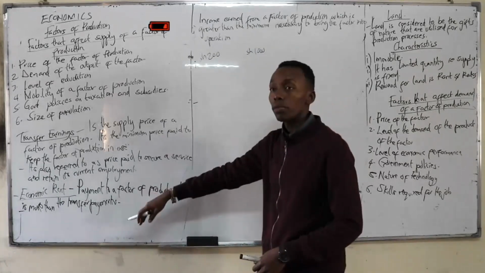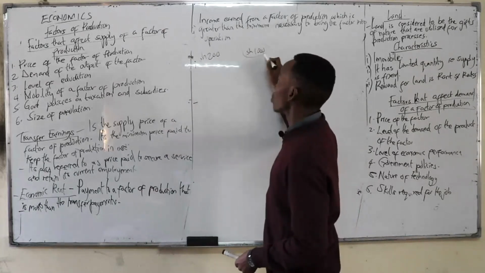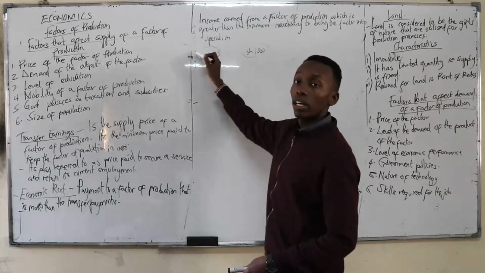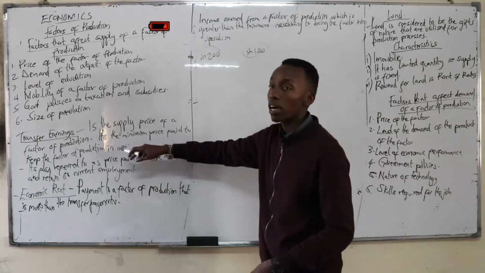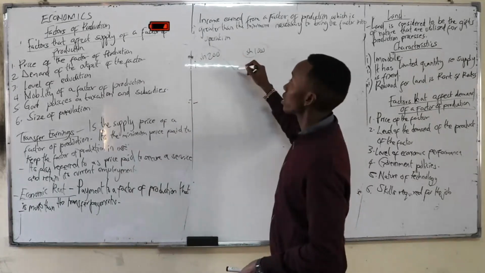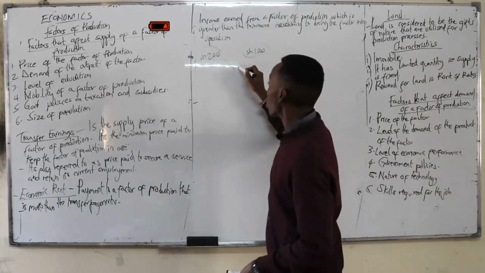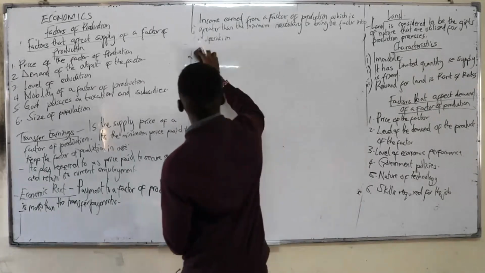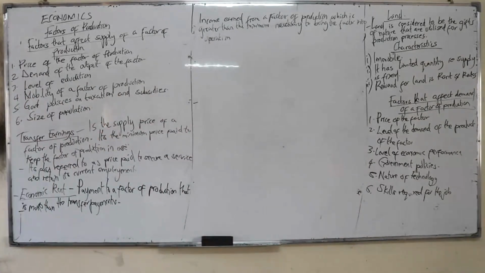So the economic rent is the difference between the amount that he has brought in and the transfer earnings. The economic rent in this case is 800. That is the whole concept: the income earned that is more than the transfer earnings.